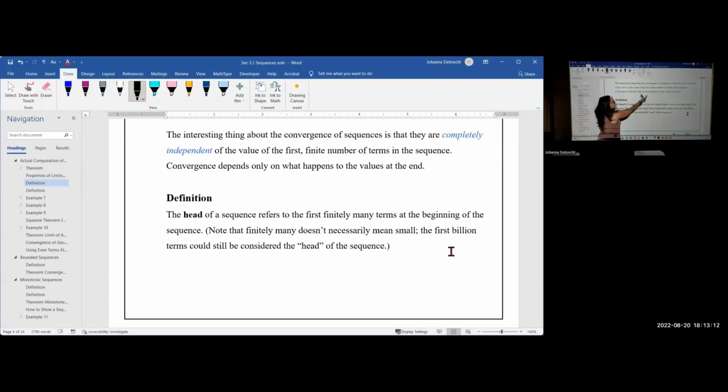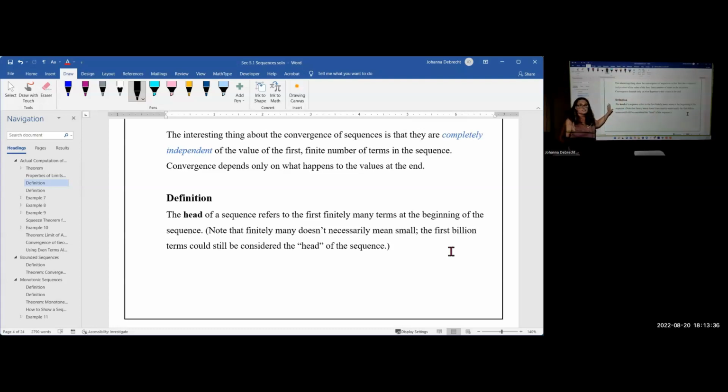So the very first however finitely many terms of the sequence is called the head. And we can ignore the head and just look at the tail. If the tail of the sequence, which is what happens when n goes to infinity, approaches some particular value, then we say the sequence converges. And it doesn't matter what the front part of it is at all.